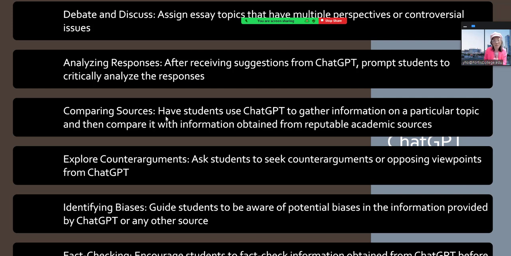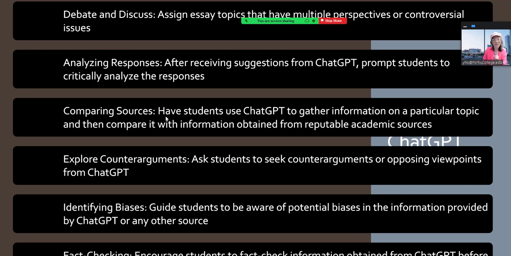It is still the student's responsibility to double-check to make sure that those sources actually exist. And if the teacher finds that the student has handed in false sources, you'll get an automatic 0 or an F on that assignment. So you've got to make sure that ChatGPT did not hallucinate the source.